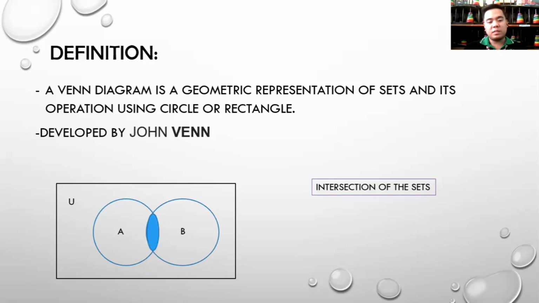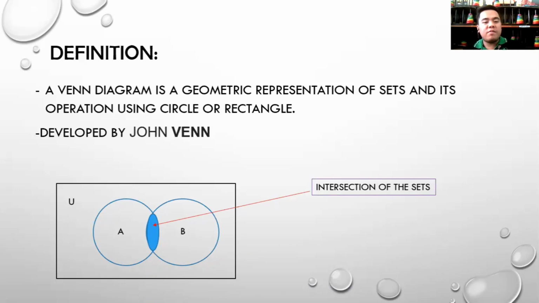At this point, that is the intersection of sets. As you can see, the point where circles A and B meet is the intersection. You all know from the previous lesson that the intersection is the commonality, the elements that are common to set A and set B. So that is the concept of the Venn diagram.